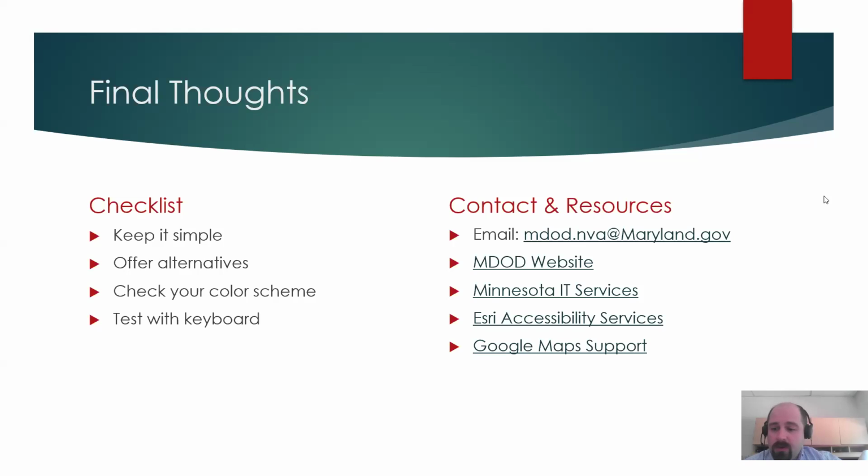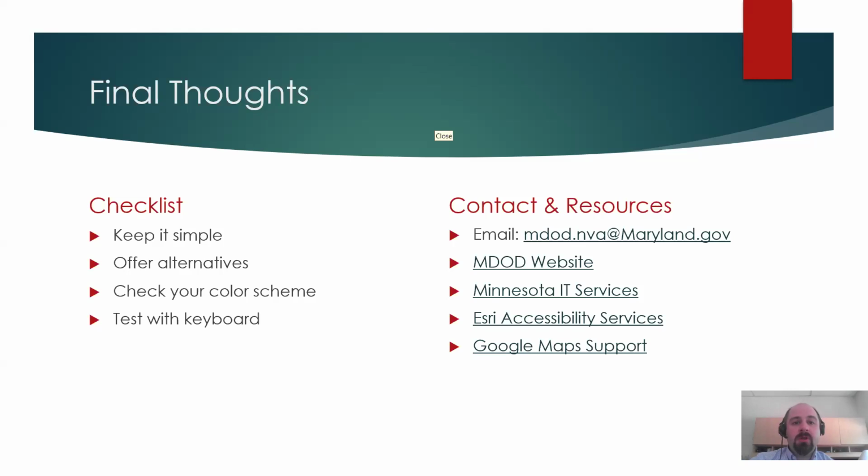They've been doing a lot of work. They've been good people to work with too. So if you have a question about Esri specifically, reach out to them for either learning what they're doing or if you're having trouble with something. Great resource there. And then finally, Google Maps has their own support articles for this and how to use Google Maps with the screen reader, because there are some additional shortcuts and such I did not show today that might be helpful.